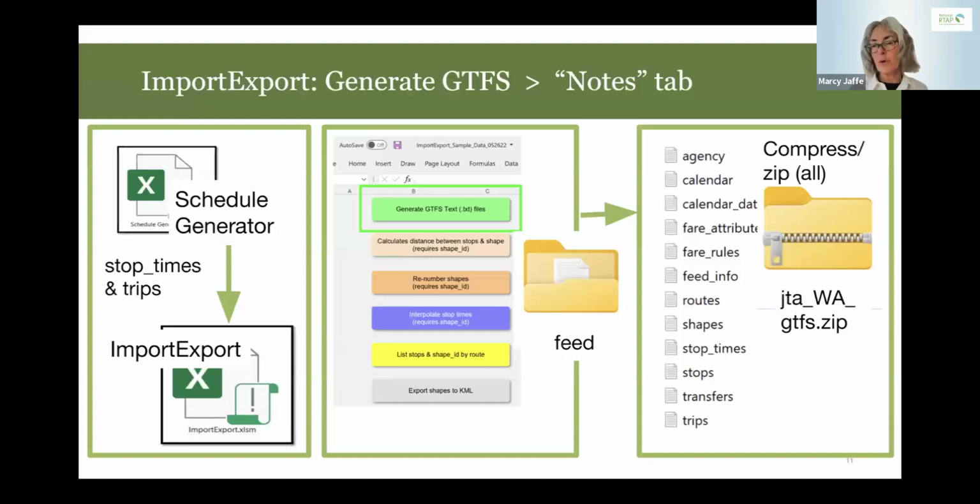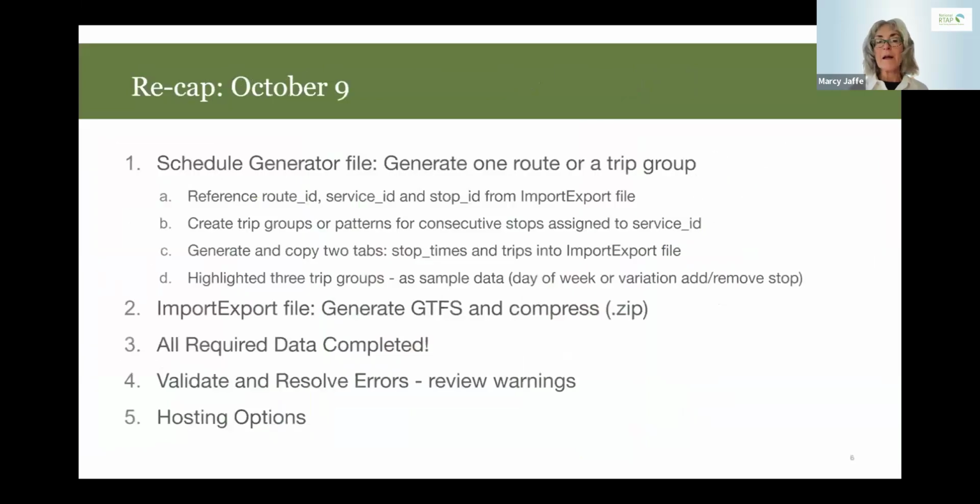This slide is just for a review. For those of you with the two workbooks or the single workbook, you're going to be generating a feed folder, and inside that feed folder are these various files. You zip those together, and that's your GTFS. We will show you this process through the validation process as we look at errors and warnings and how that works.